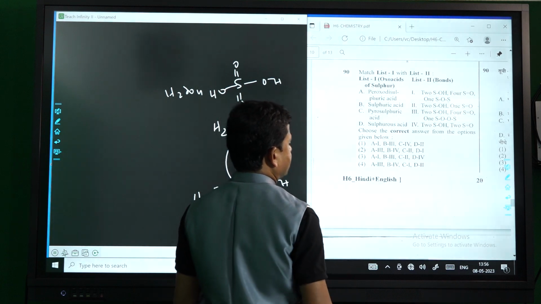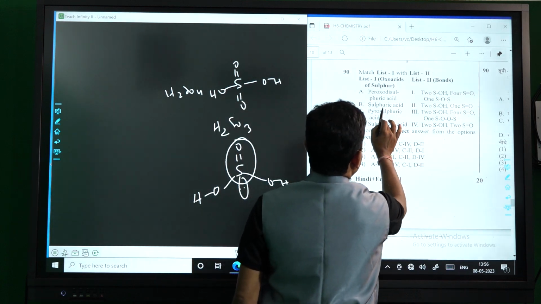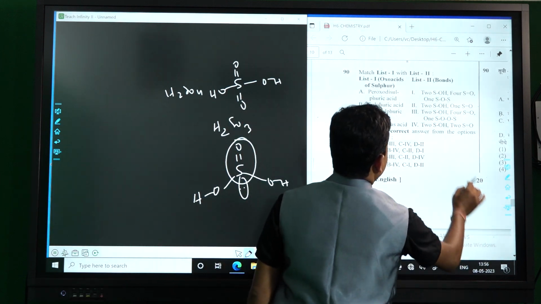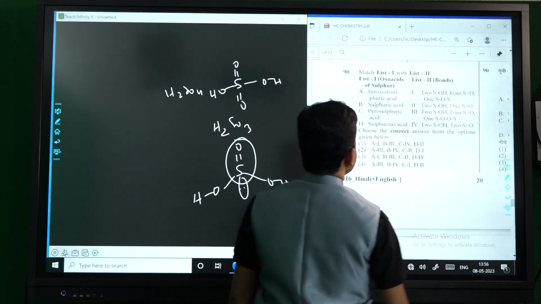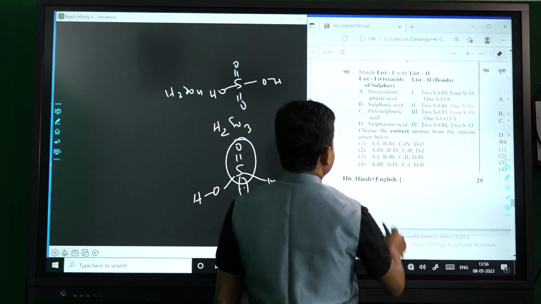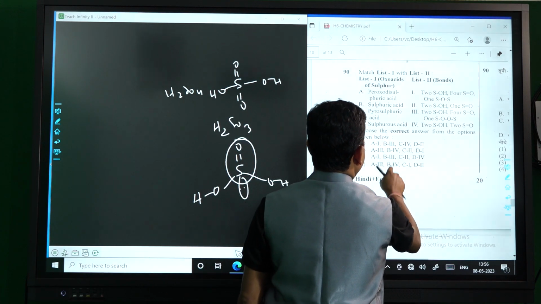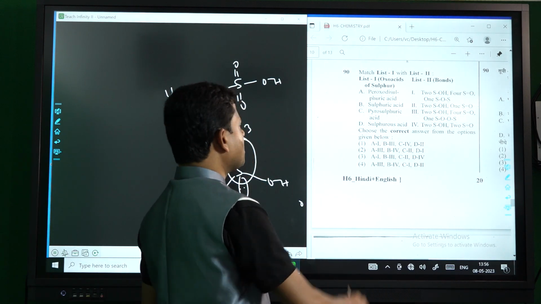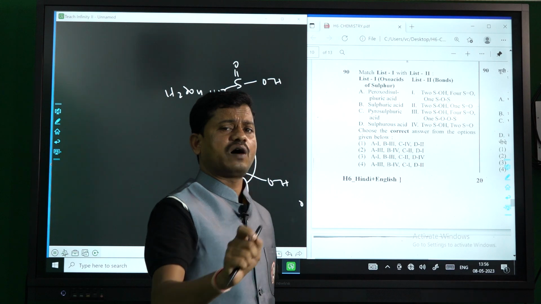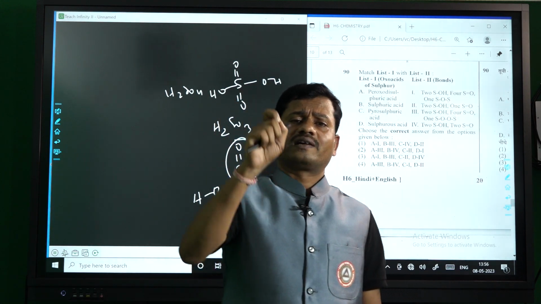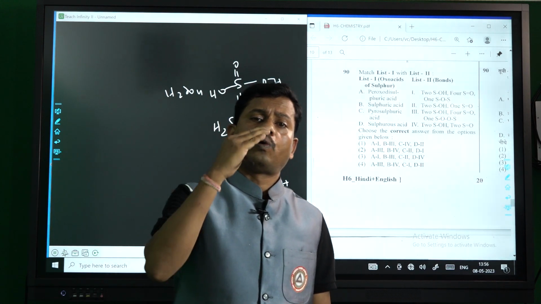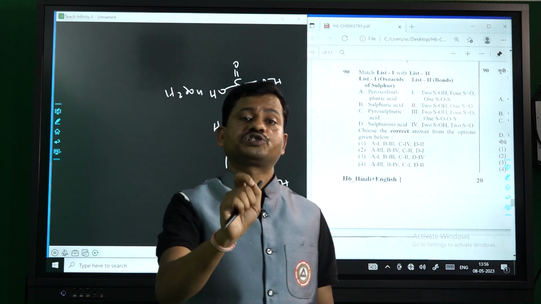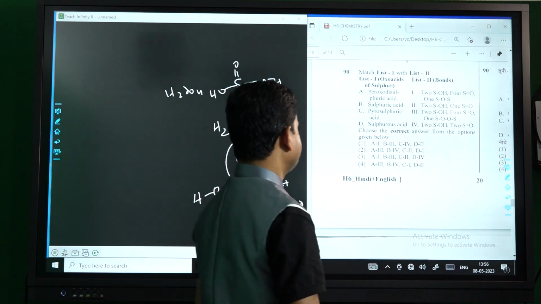So 2, 3 are incorrect. Then come to B, sulfuric acid, 2 S=O bonds, 2 S-OH bonds. So B1B. So D2, B1B. So option 4 is correct. Don't match the number of different types of bonds in all compounds, because you have to solve the question quickly, then you will get rank.